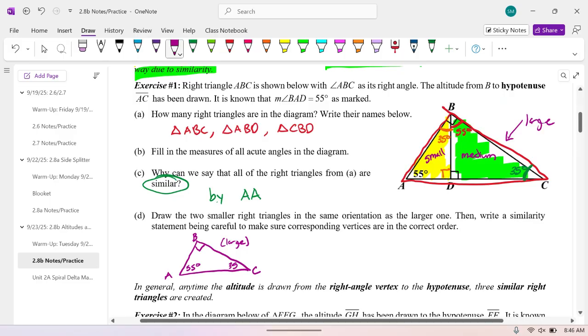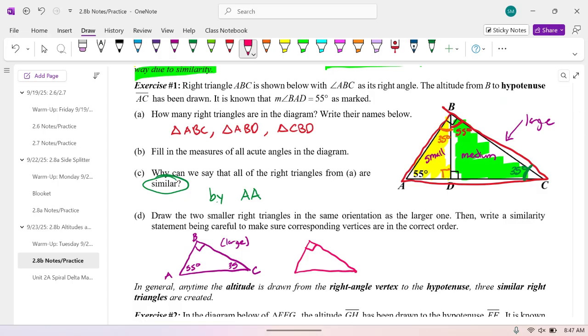Now, if that's our large triangle, let's go to the medium one. So that green triangle that I highlighted, or the yellow triangle here. If I oriented it so that the right angle was at the top, this is our medium.